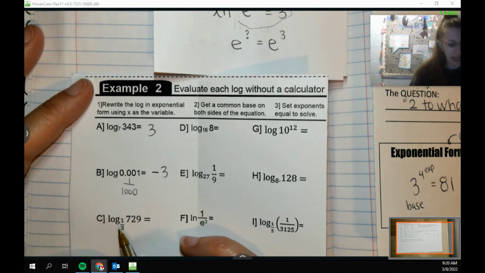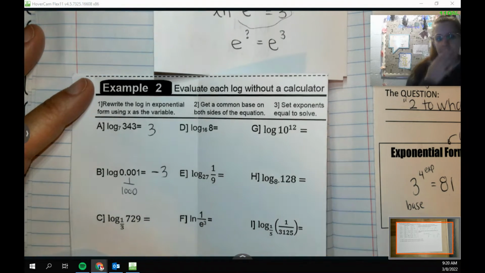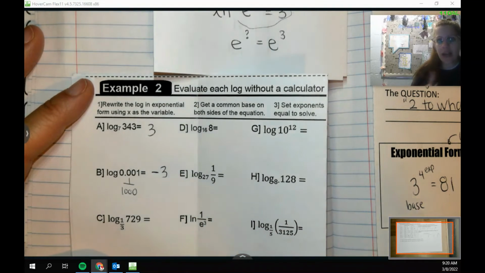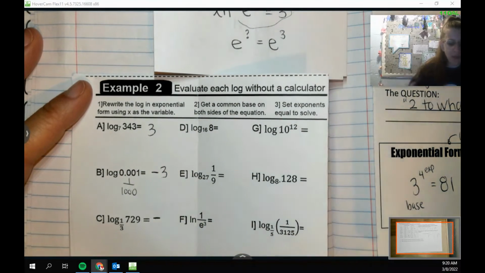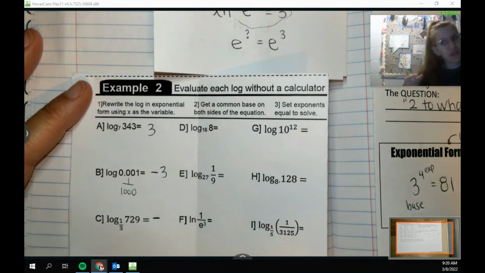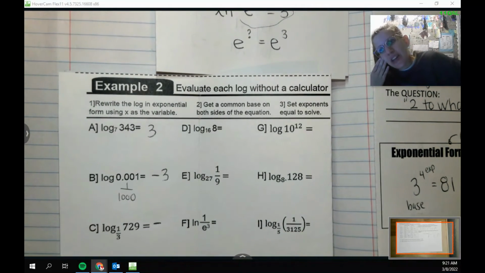Okay. Looking at C, we have log base 1/3 of 729. So because there is a fractional move here, negatives always flip me. So it's definitely negative. And so the negative will flip the 1/3, so now it's 3. Then I'm thinking 3 to what power is 729?